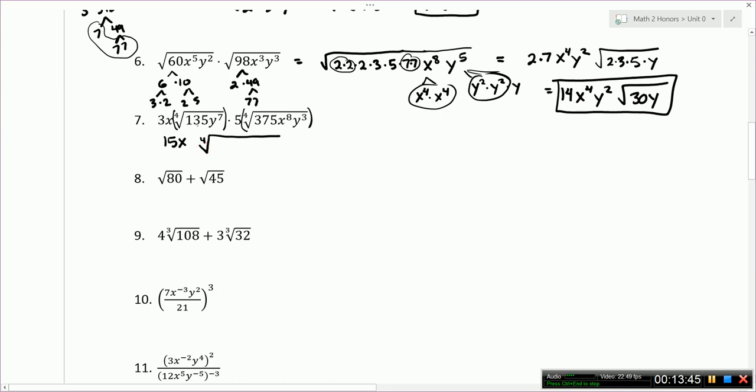Now I would not multiply 135 and 375 together because you need to factor them anyway, so just write them right next to each other. 135 times 375. We have an x to the 8th, and we have a y to the power of 10 because we're adding the 7 and the 3.